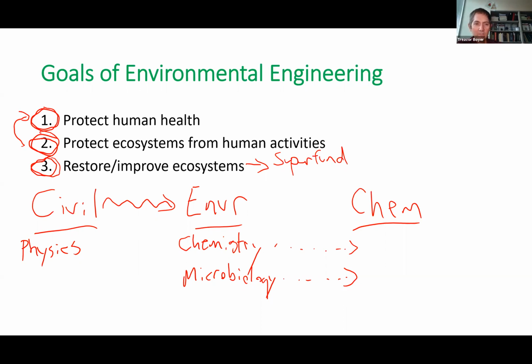A lot of that is based on physics, balancing forces. Environmental engineers do rely on that because, for example, physics is what dictates water flow. And that's important for us. However, what we really do is take that physical system, like water flow, and design engineering processes around chemistry and microbiology.